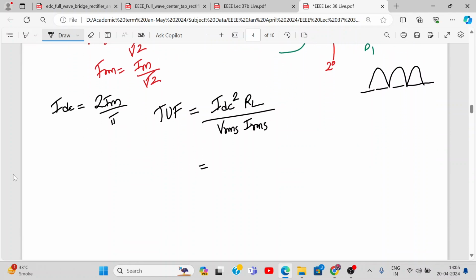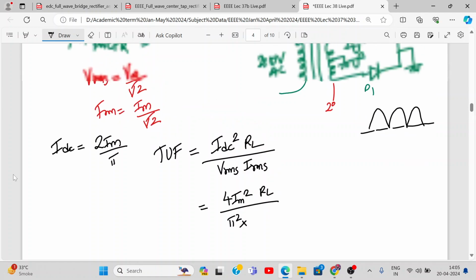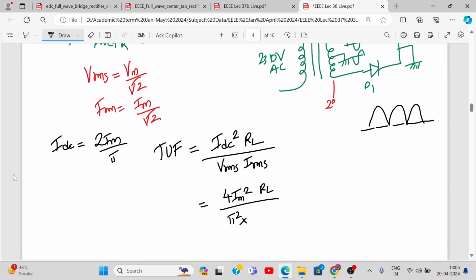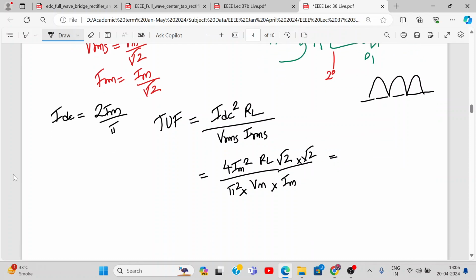So 2 Im by pi squared will be 4 Im square by pi square, yes or no? Into RL. And VRMS is how much? Vm by root 2, so root 2 will be above. And IRMS is Im by root 2, so root 2 will be above. Now what gets cancelled? Im gets cancelled, and Im into RL is Vm only. So Vm also gets cancelled. This also gets cancelled, yes or no?